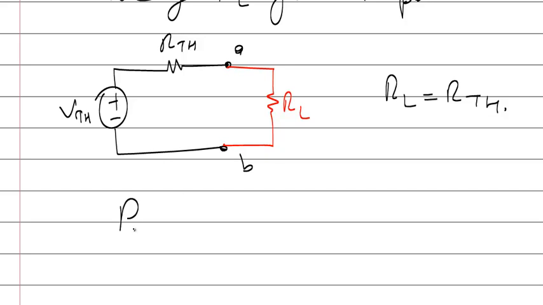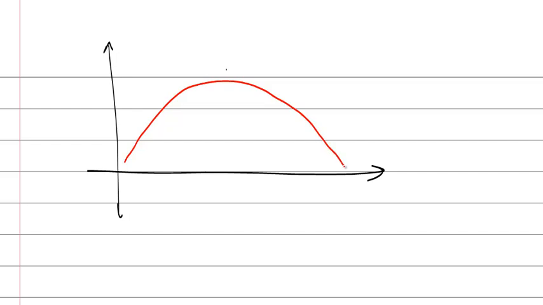Actually, the power of RL is I squared RL. If you draw the graph of that equation, it will be something like that. This is the value of RL, and it goes to infinity.